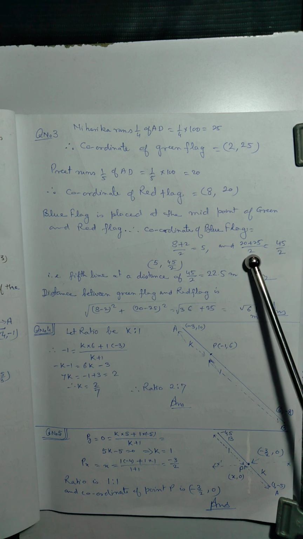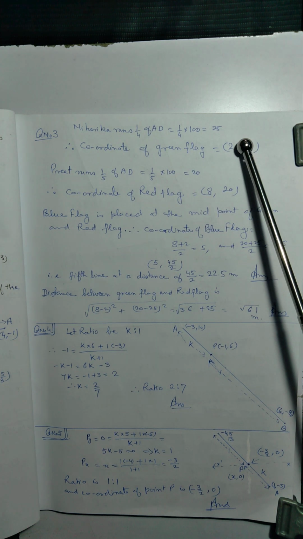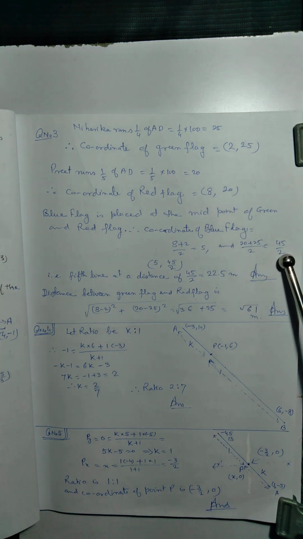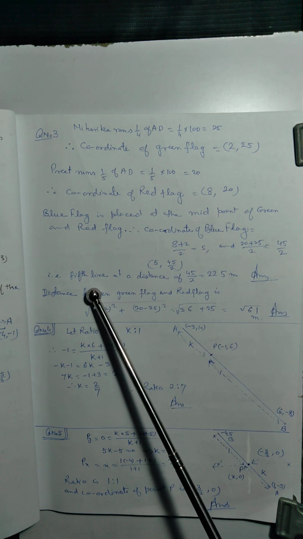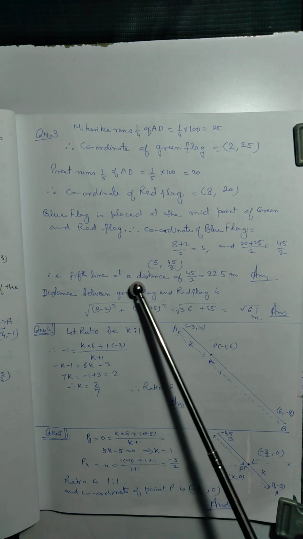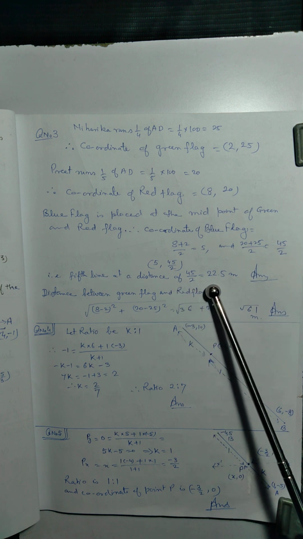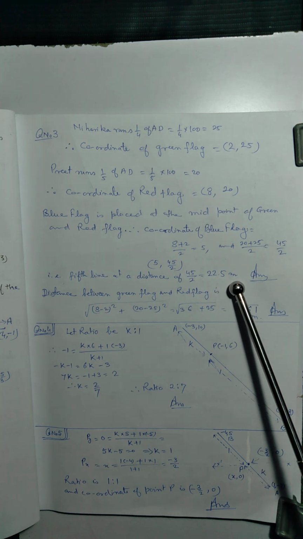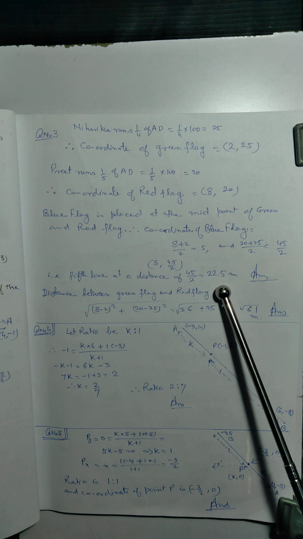To get the ordinate, you just add these two, 20 and 25, and divide by 2, and you will get 45 by 2. So the flag will be placed on the fifth line at a distance of 45 by 2, that is 22.5 meters.